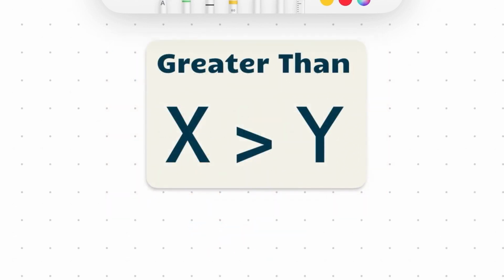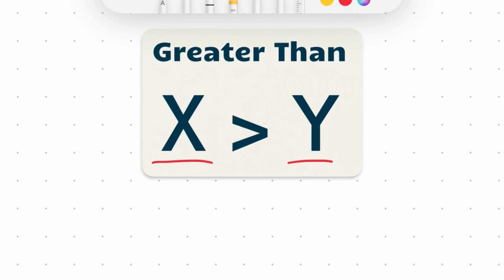Let's first look at the greater than inequality. This says that the number on the left is greater or larger than the number on the right. An example would be x is greater than 5. This inequality tells us that x can be values like 6, 7, 8, 9, and so on, but it cannot be values less than 5.